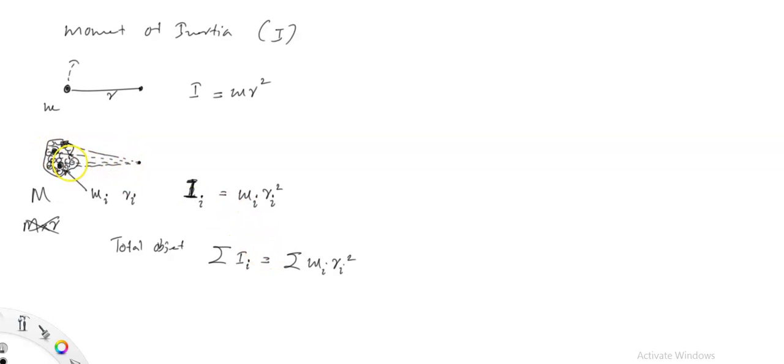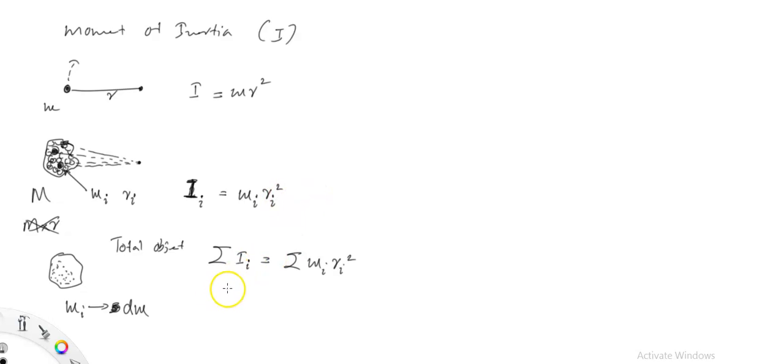So if we divide this into so many tiny little pieces, we make this little mi as small as possible, right? Smaller and smaller. At some point we can say this little mass becomes dm, a small mass.